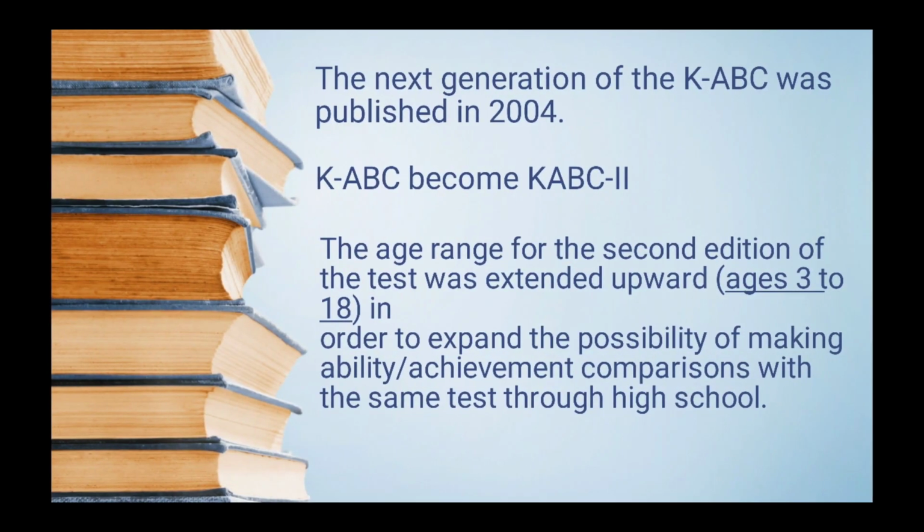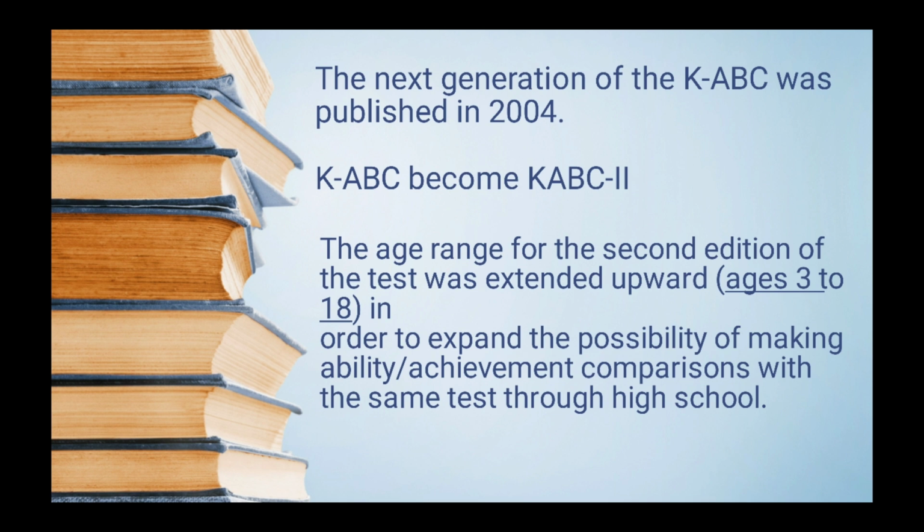The next generation of the Kaufman Assessment Battery for Children was published in 2004. Here, the KABC became the KABC-2. The age range for the second edition of the test was extended. The first Kaufman Assessment Battery for Children covered 2.5 years to 12.5 years.